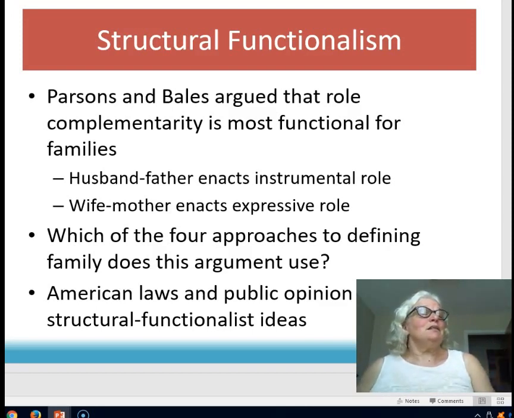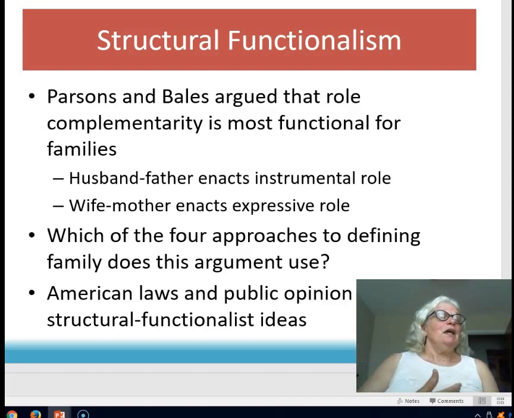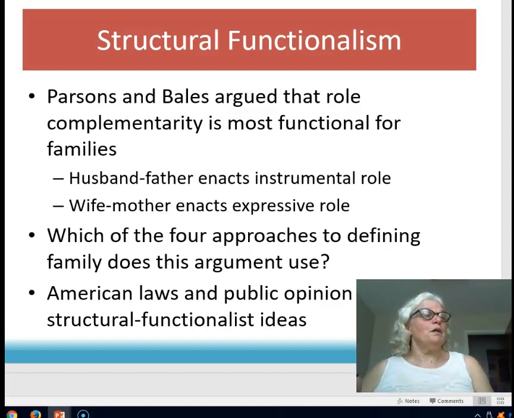Now, does it make sense? Not always. Functionalist theory likes to hold us to that question: is the American family changing, or is it dying in the process? Basically, because of the changes, the structural functionalist idea is not well supported now.